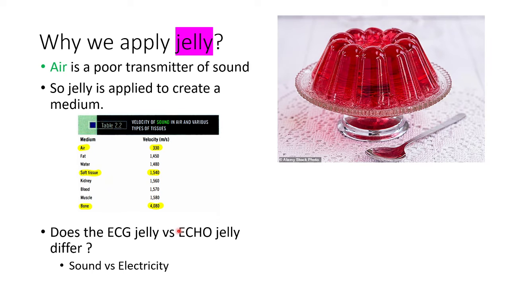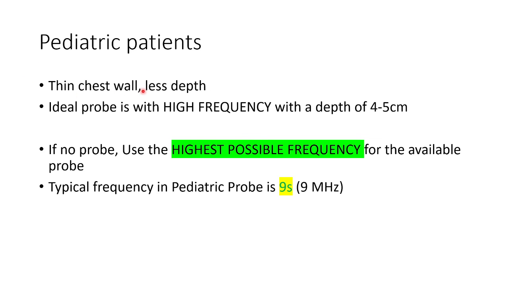In pediatric patients, they have a thin chest wall, so you need not have too much penetration. A higher frequency probe can be used in pediatric patients. If you don't have a pediatric probe and you are forced to do an echo on a pediatric patient with an adult probe, then you use the highest possible frequency, up to 4.5 to 5.